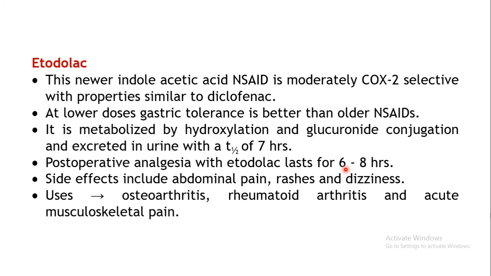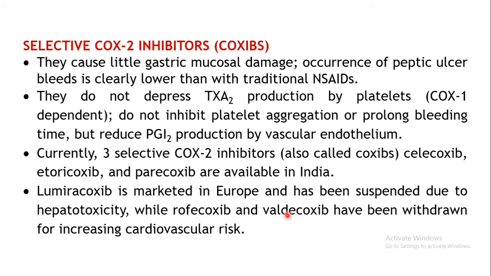Then the side effects include mild abdominal pain, rashes and dizziness. It is used in the treatment of osteoarthritis, rheumatoid arthritis and acute musculoskeletal pain. So specifically, pain which is associated with inflammation can be effectively controlled by this drug.